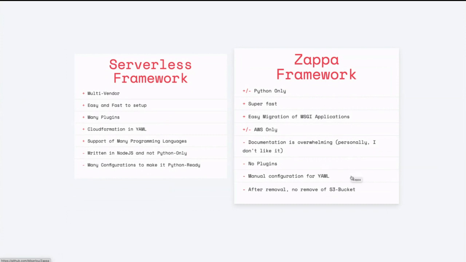And if you, like me, are a guy for having YAML as your configuration format, then it's quite difficult or it's a manual effort to use YAML instead of JSON. And after the removal, it's not removing the S3 bucket for you.